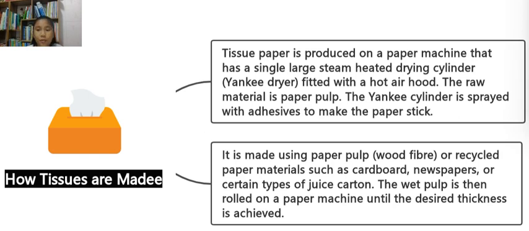A lot of people prefer to use computer printing paper for this paper pulp because it would be softer, to make these tissues soft and good for us to use.